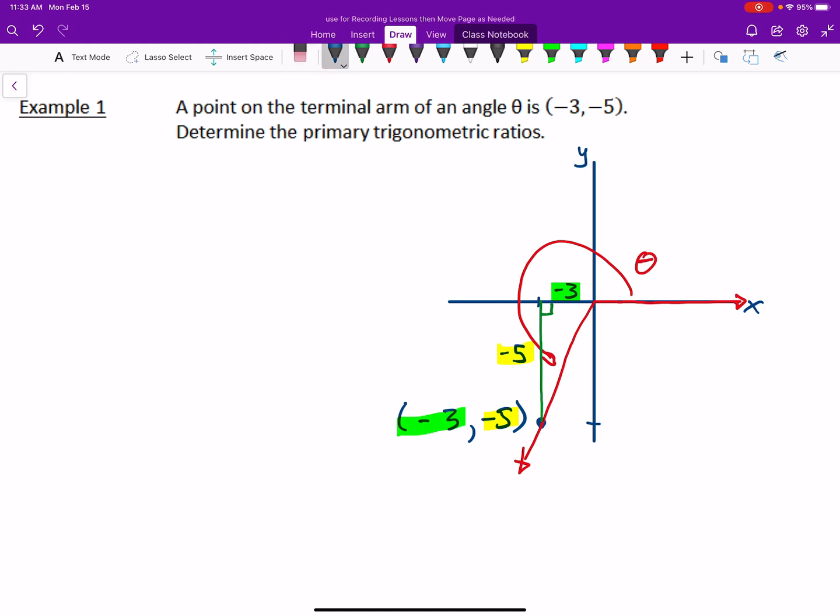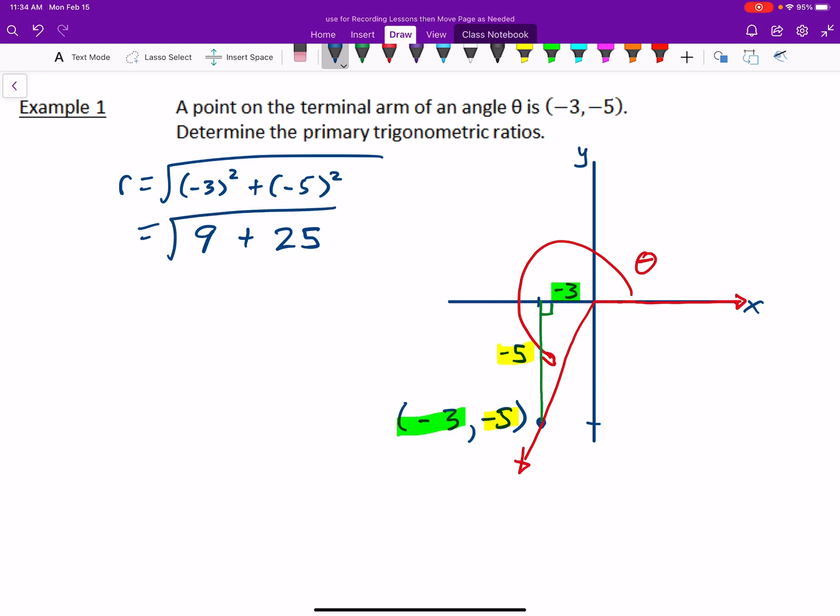So r is equal to the square root of -3 squared plus -5 squared, which is 9. A negative number squared is always positive, so it's 9 plus 25. So the square root of 34, that could be changed to a decimal.